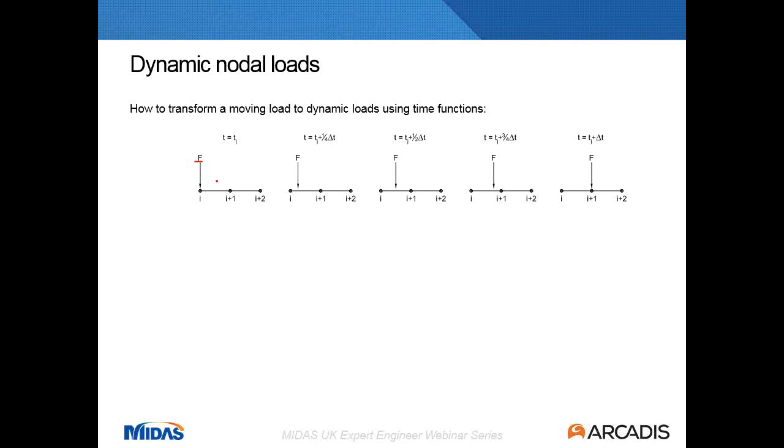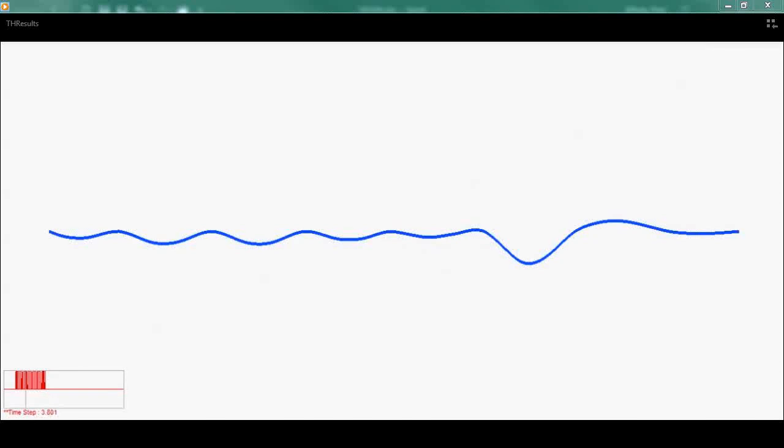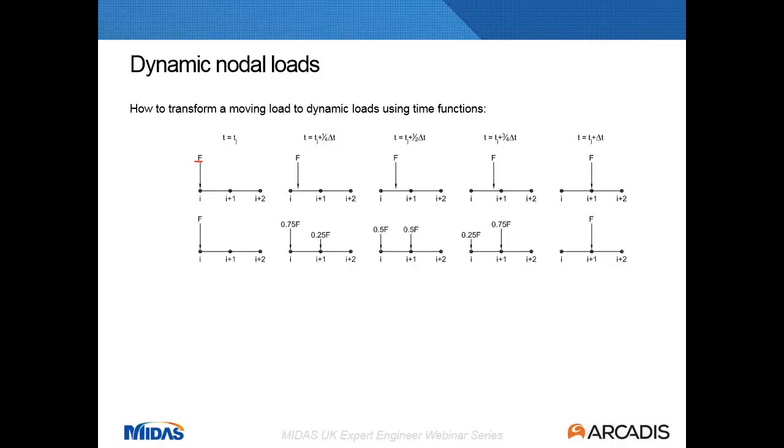And this load starts moving as time goes forward to the next node until it gets just on top of the next node. Then we don't have a way of introducing loads as such. Well, we can transform these moving loads to loads in nodes that are increasing and decreasing depending on the position of the axle.